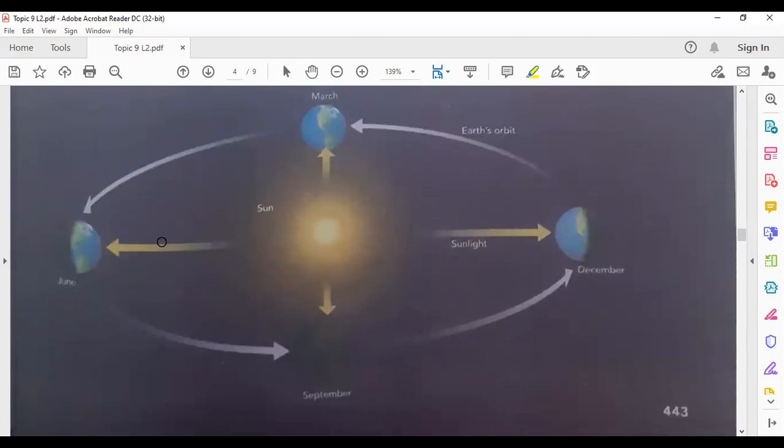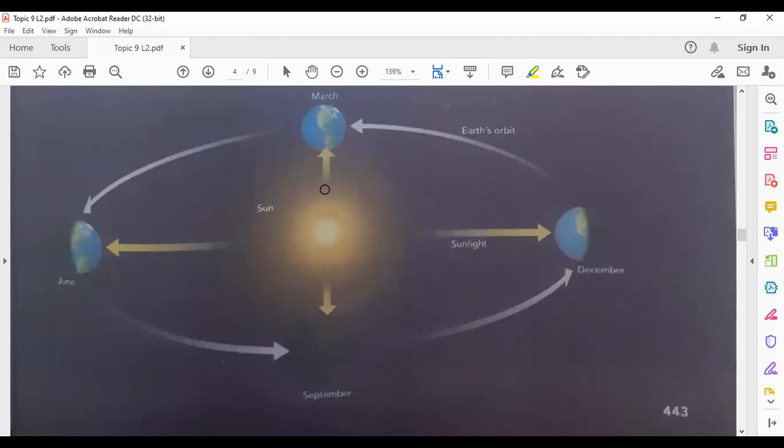On the other hand, in June the northern hemisphere faces the sun, so we have summer here. At this time, look at the other side. In June, in the southern hemisphere, it is winter. In December, in the northern hemisphere, we have winter.